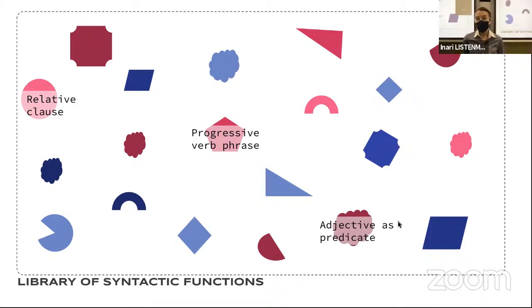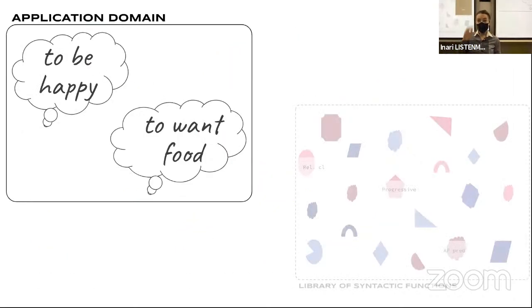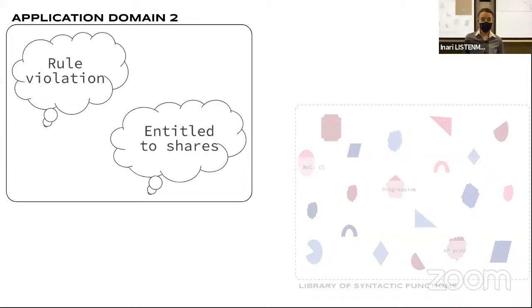But today we want to go on a higher level than that. So we have an application domain as our basic building block. The domain could be something like basic needs of a human, like I'm happy, I want food. Maybe they're even causal, who knows?